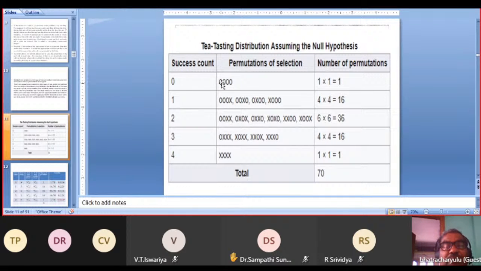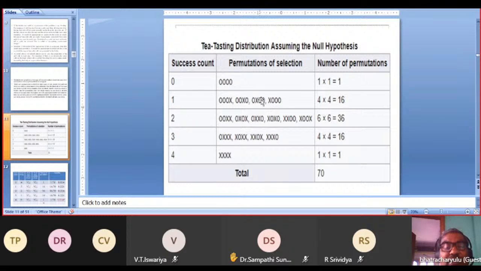So this is one possibility. Or only one correct. One correct means either it may be the first cup, or second cup, or first cup, third cup, or second cup, fourth cup. This is the first chance: the first cup she has taken is correct, or the second cup she has given the correct answer.